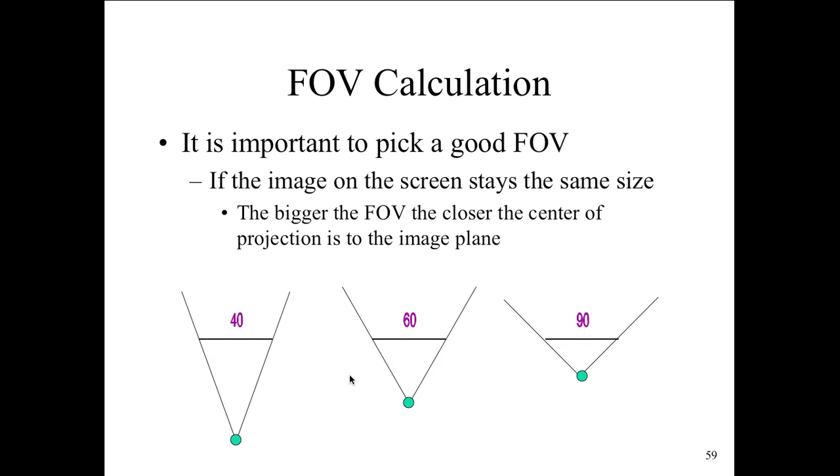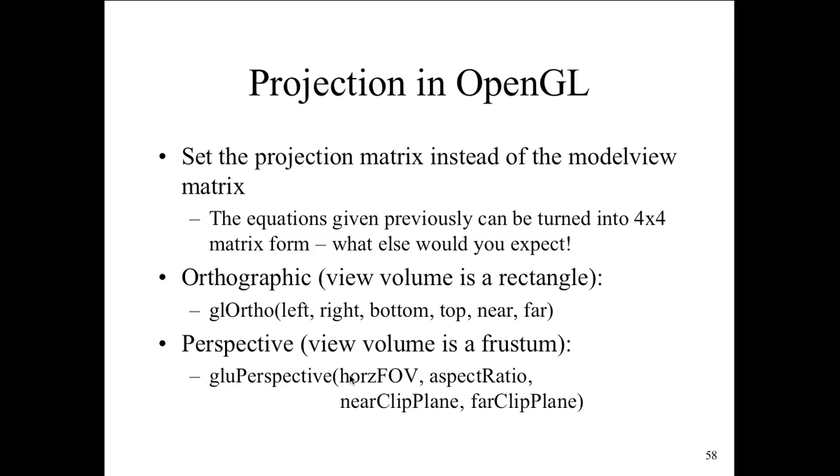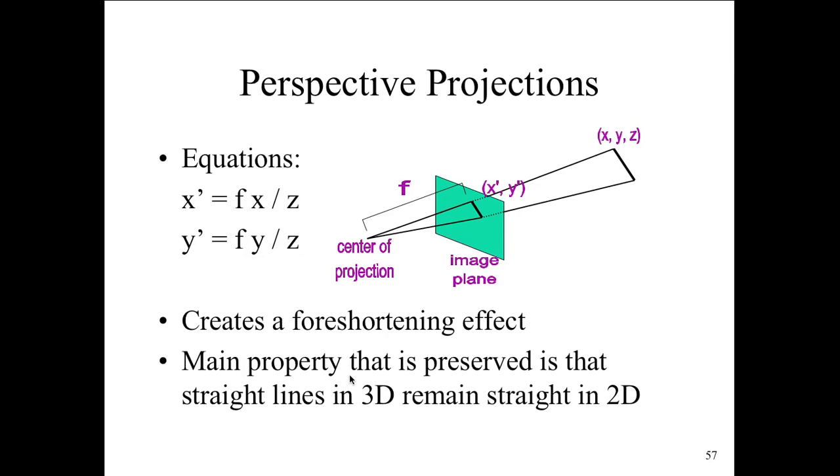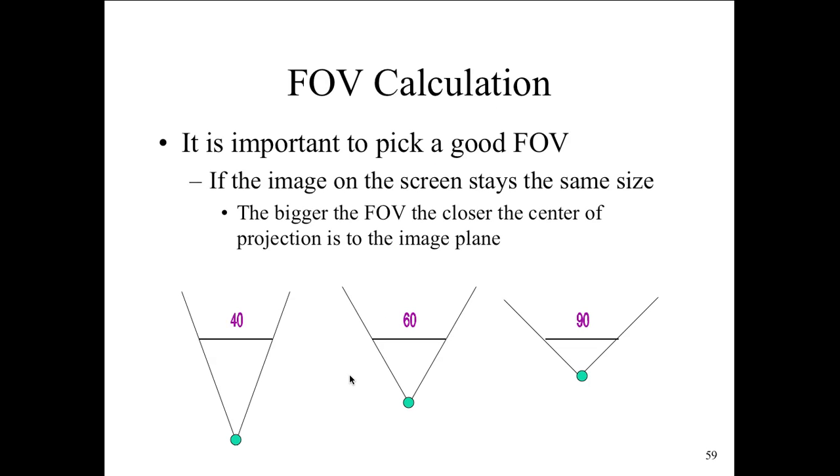So what do we have here? The calculation. So it's important to pick a good FOV. FOV, refresh my memory. Field of view. The image of the scene stays the same size. Distance between the camera and the object.